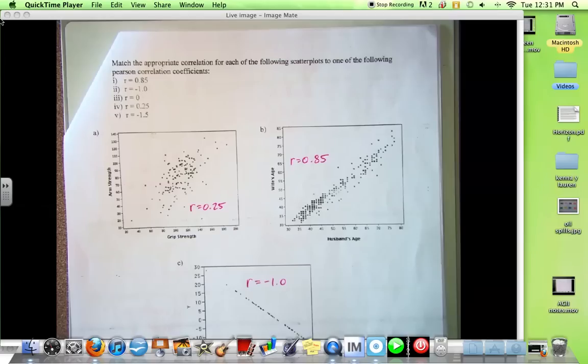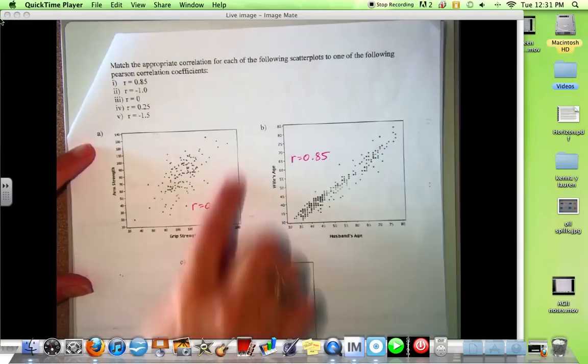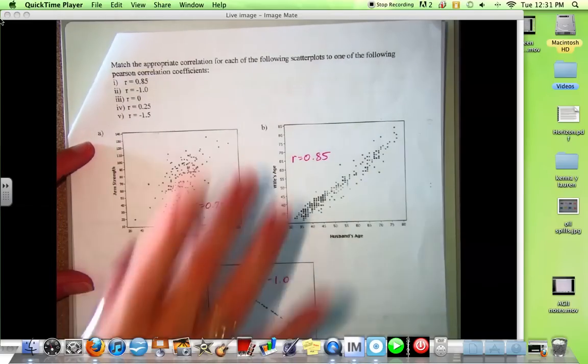Match the appropriate correlation for each of the following scatter plots. If the points are really close together, the correlation is going to be close to 1 or negative 1. If it has a positive slope, it's going to be close to 1. If it has a negative slope, it's going to be close to negative 1. So for A, these are pretty scattered about.